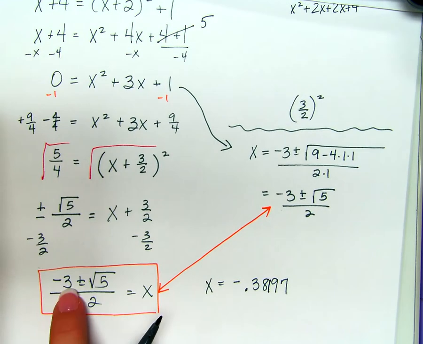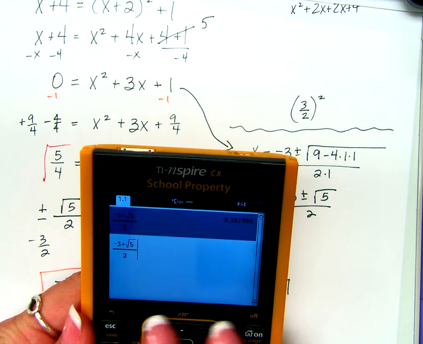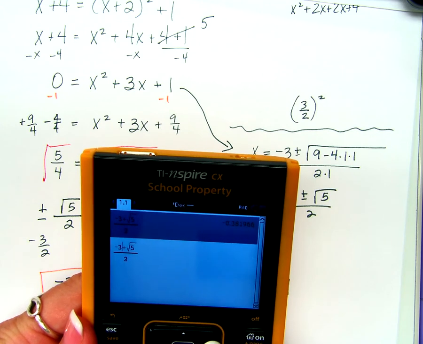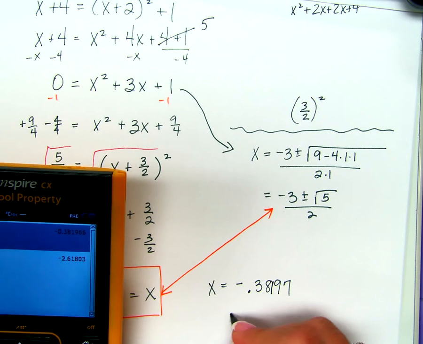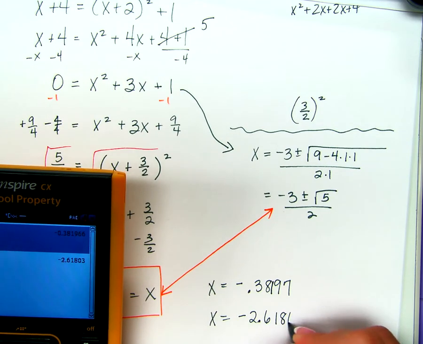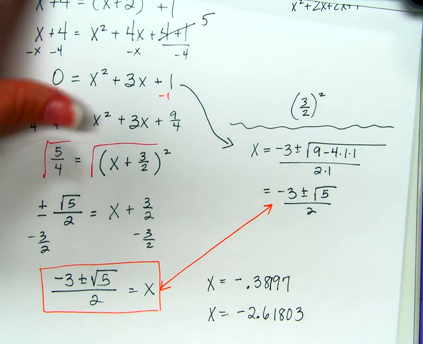That's when it's -3 plus root 5 over 2. What else do I need? Minus. X equals -2.61803. How many decimal places did I go to?